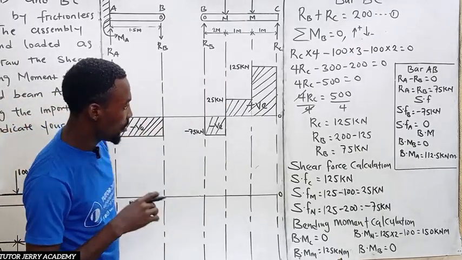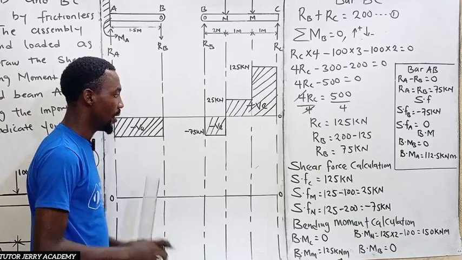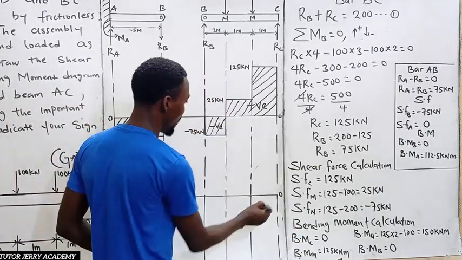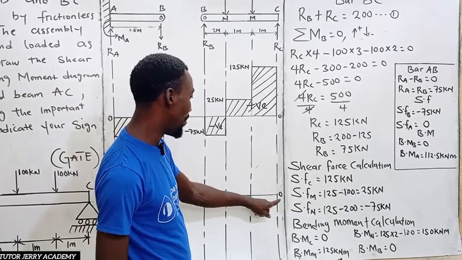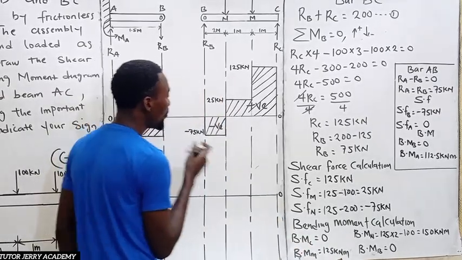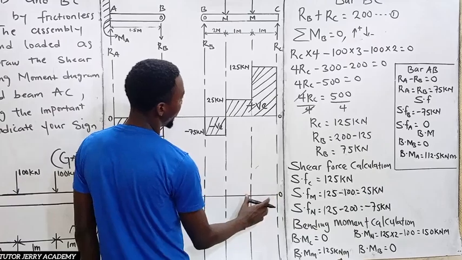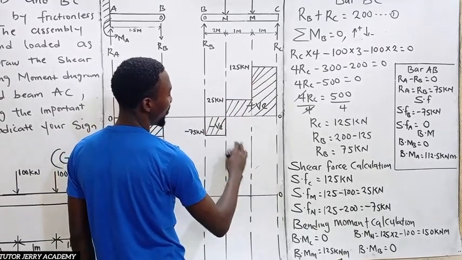All right. So now let's go for the bending moment. The bending moment at point C is what? 0. So this is 0 here. The bending moment at point M is what? 125. Now, this is our M, and this is our 0. For every straight line that we have here, we are going to be replacing it with what?